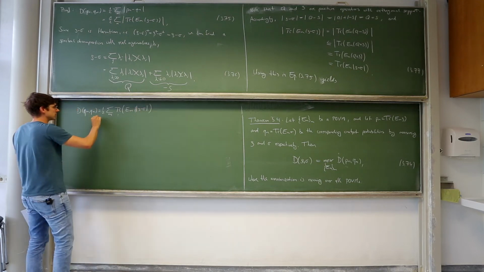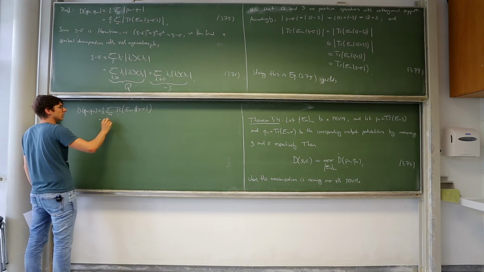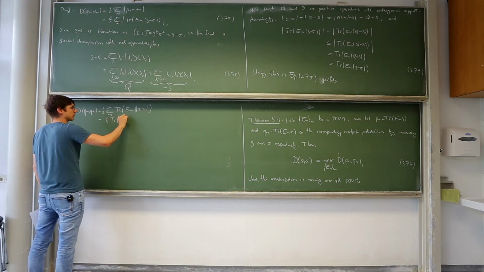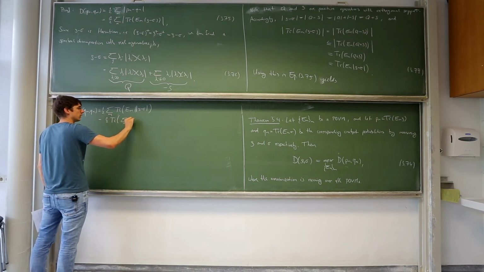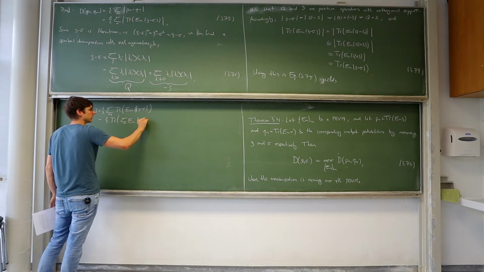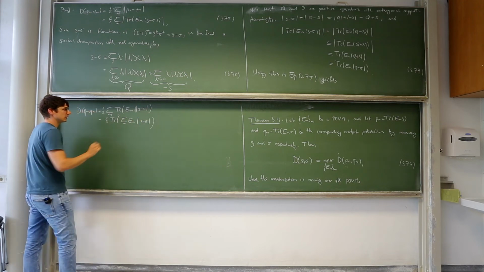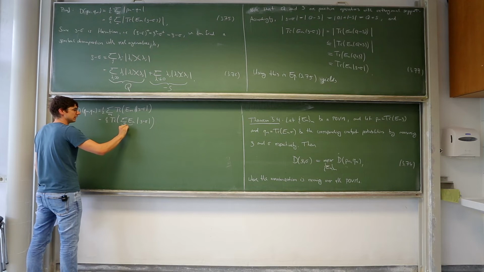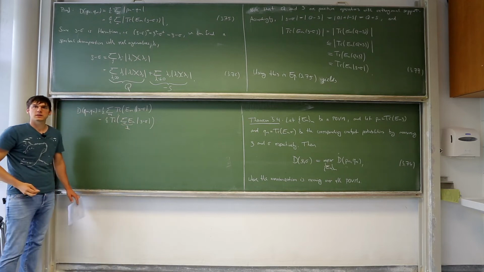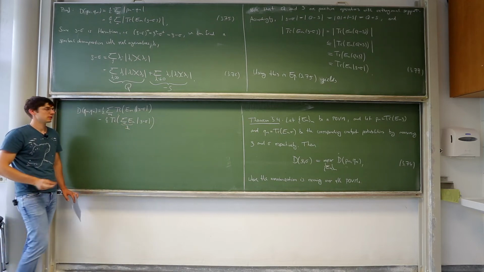Now we use that the trace is linear, so we have 1/2 trace of the sum over m of EM, and then the modulus of rho minus sigma. And this we know is the identity, which is the completeness relation of our measurement operators.